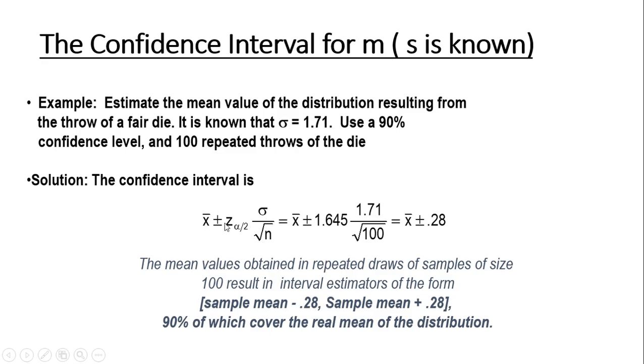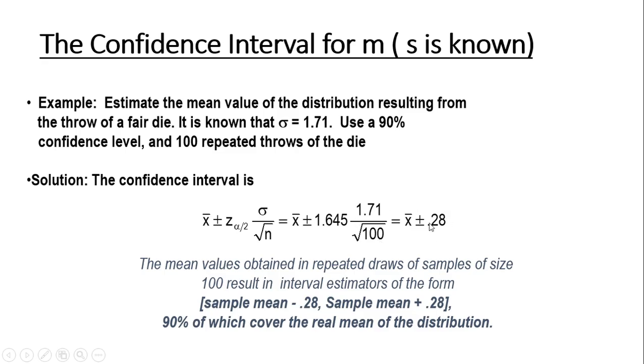This is already taking the lower and upper bound, or confidence limit. Since you are dealing with 90%, the z of this 90% will produce 1.645, and when you introduce your standard deviation and the sample size, you have 0.28.